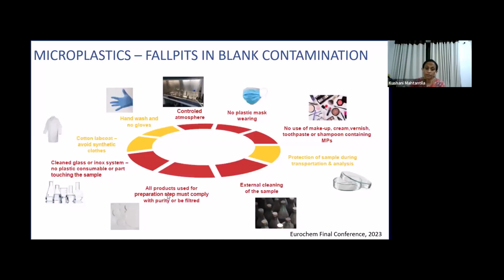All the filters, we have to wash them, and we have to do a blank for the filters also. No masks are recommended. If you want to wear a mask, only N95 masks are recommended. It is recommended not to use makeup, creams, toothpaste, and shampoo containing microplastics. Loose hair is also not recommended.